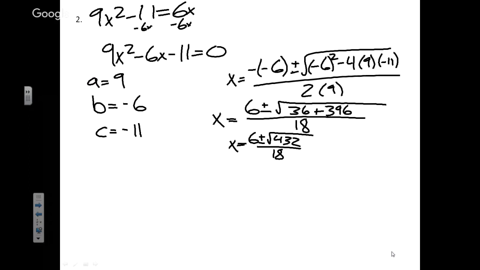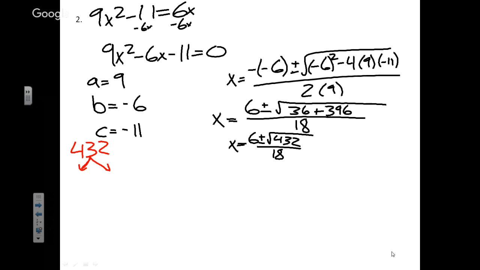So what can we do to help with the square root of 432? That's where we can go back and just use the factor tree. We're trying to break it down. So what are two things that we can break this down into? So yeah, we're just trying to simplify that. Somebody started saying something.